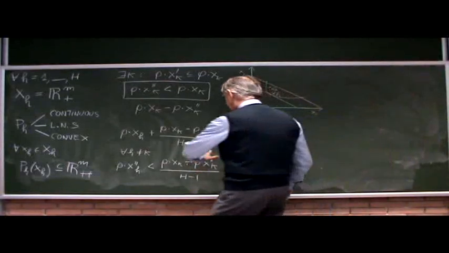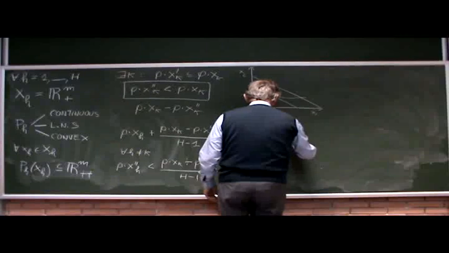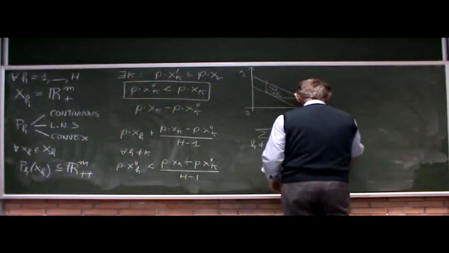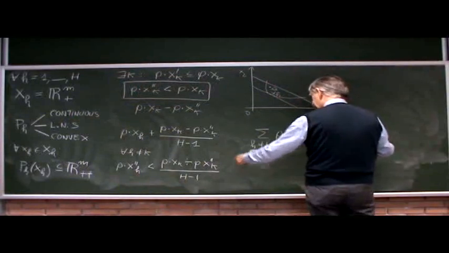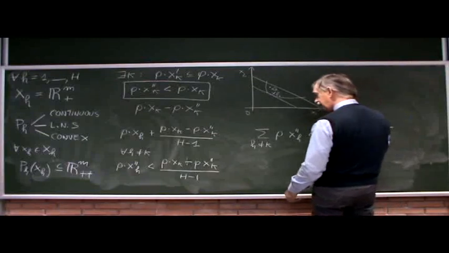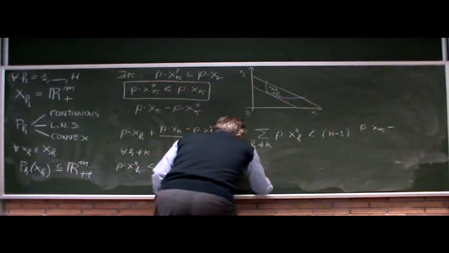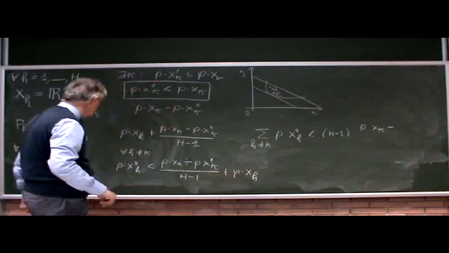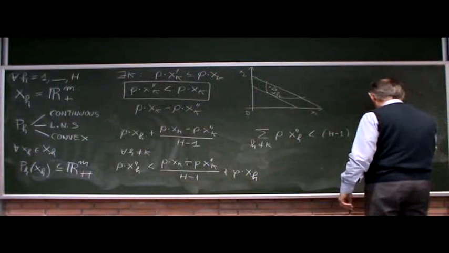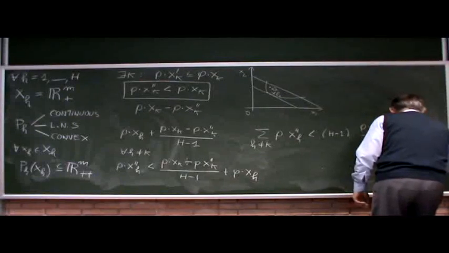You obtain on the left hand side the sum for h different from k of p times x double prime h, and on the right hand side h minus 1 times this sum, p times xk minus p times x double prime k over h minus 1, plus the sum over h of p times xh.